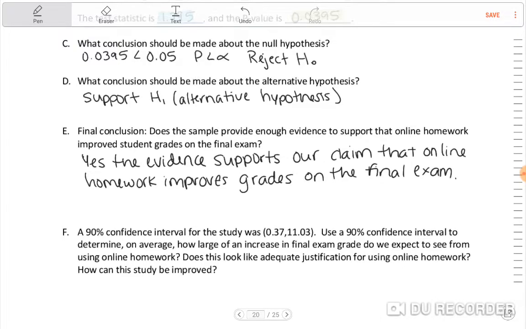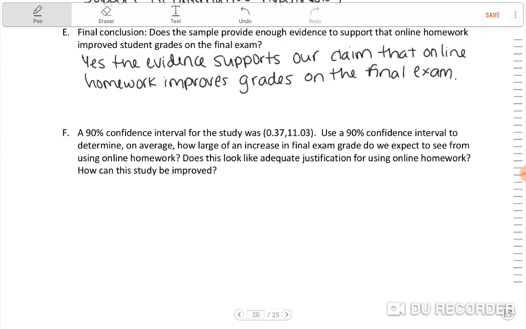Okay. Now it says a 90% confidence interval for the study was 0.37 to 11.03. Use a 90% confidence interval to determine on average how large of an increase in final exam grades do we expect to see from using online homework? Does this look like adequate justification for using online homework?